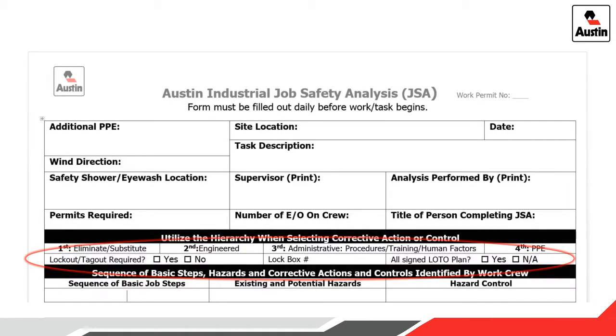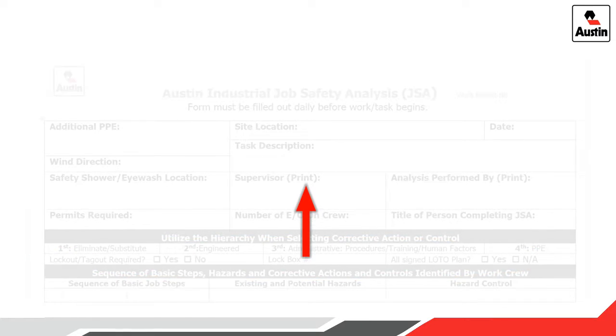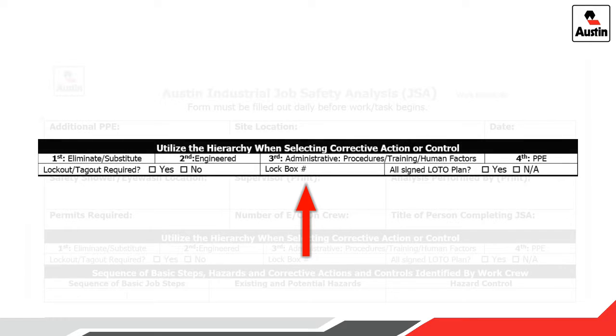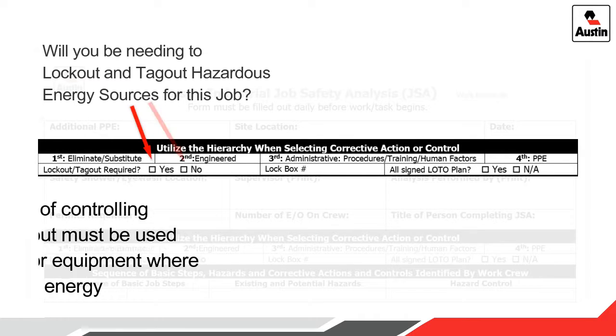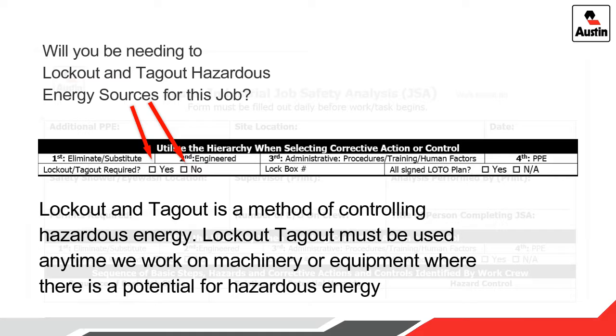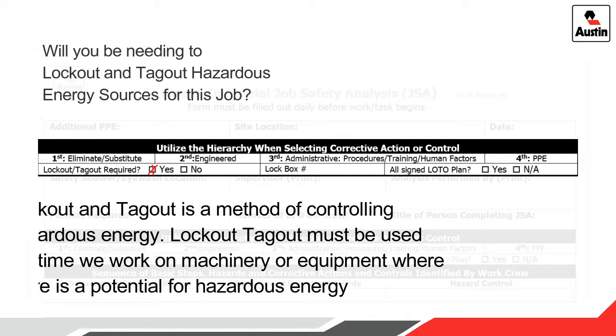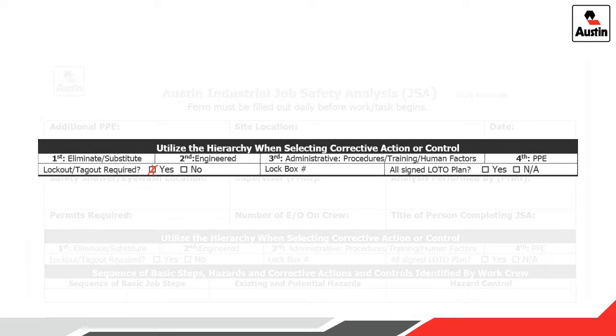This section of the JSA gives us an opportunity to ensure that we have completed any lockout, tagout requirements to complete the job. If lockout, tagout is required, select Yes in this section. This makes us think about and answer 2 more questions if we need to perform lockout, tagout on this job.